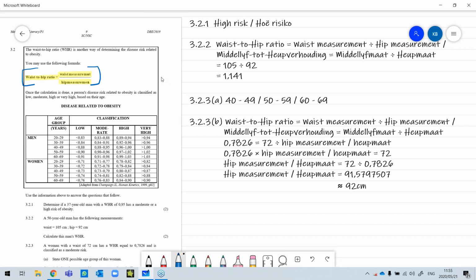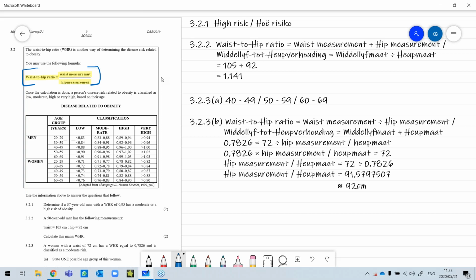Once the calculation is done, a person's disease risk related to obesity is classified as low, moderate, high, or very high based on their age. Then they give you a table here that identifies the age group and the classification for each age group. Use the information above to answer the questions that follow.